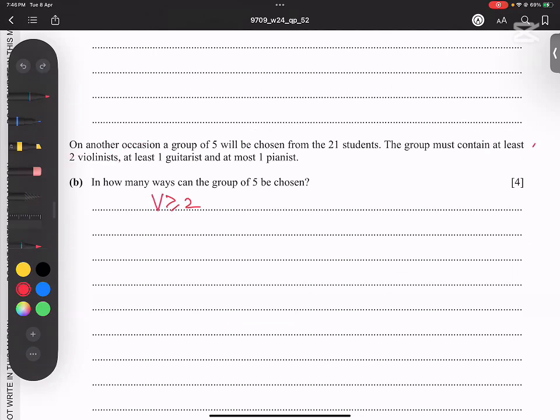So 2 and more than 2. And what about the guitarists? At least 1, so G, 1 and above. And pianists, maximum 1. So how many options are there for this and this? I just mentioned this is the 2. It can be 3.